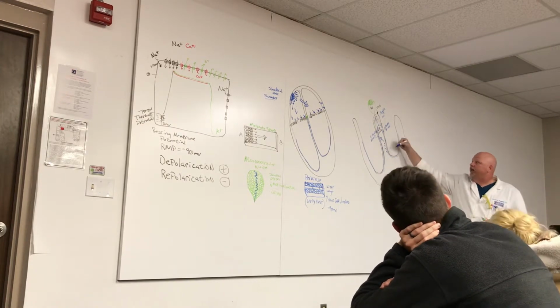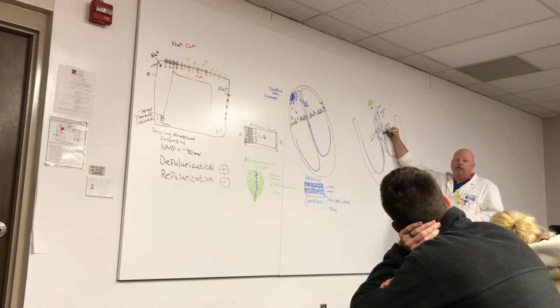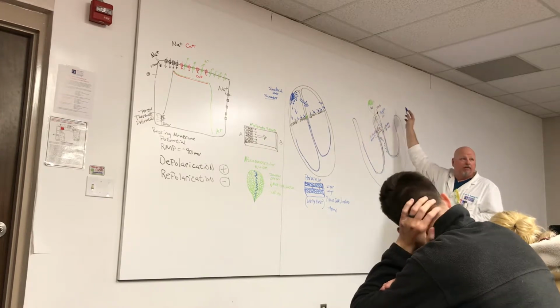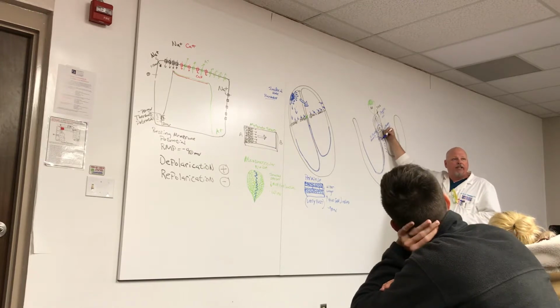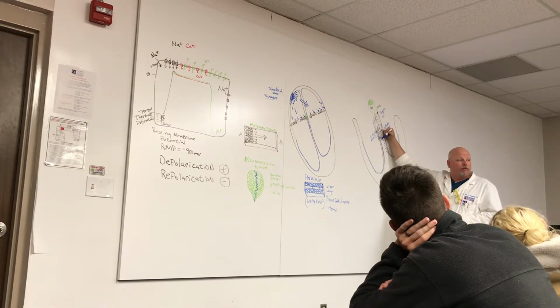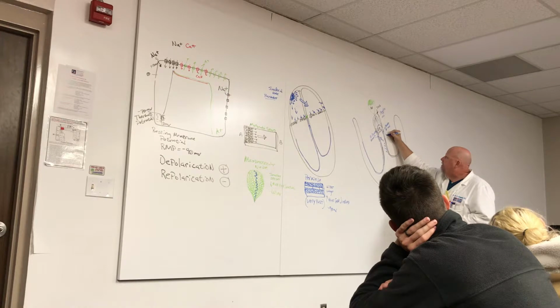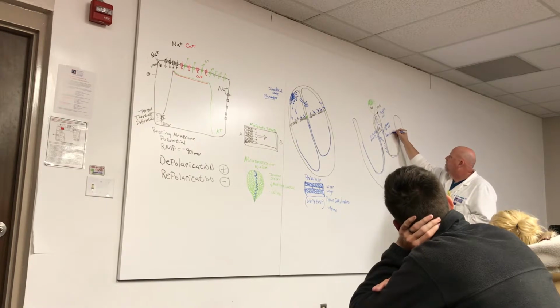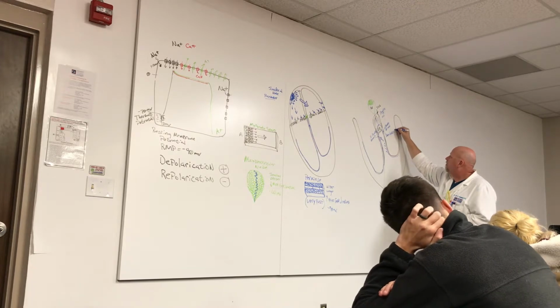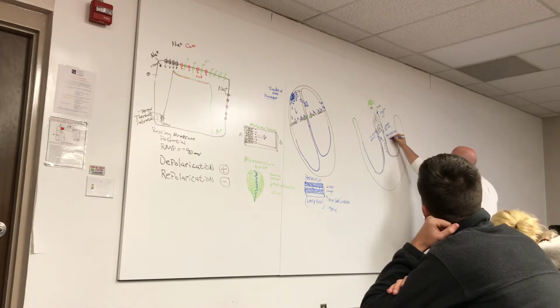That's where that vector is going. This is the base of the ventricles up here. This is called basoventricular depolarization.